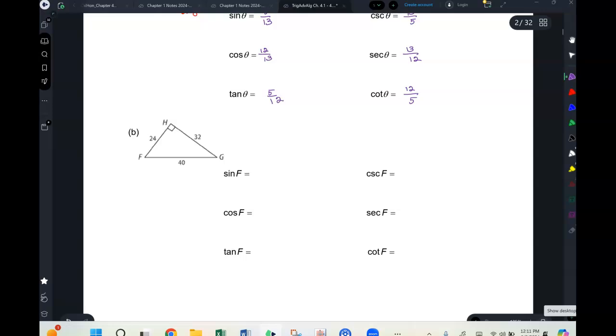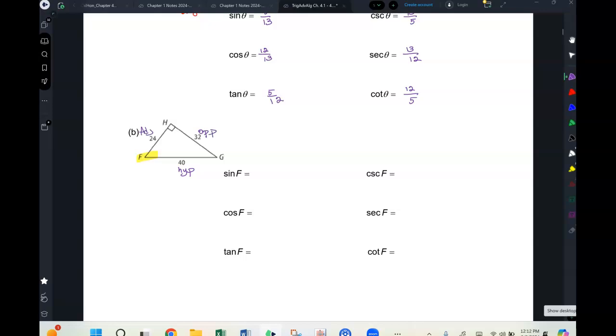Next, we have the trig functions for the angle F. So again, first highlight that angle F. Now, which one of these sides will be the hypotenuse? 40. Okay, so is 32 the adjacent side then? No, it's the opposite. Good. And this is the adjacent.